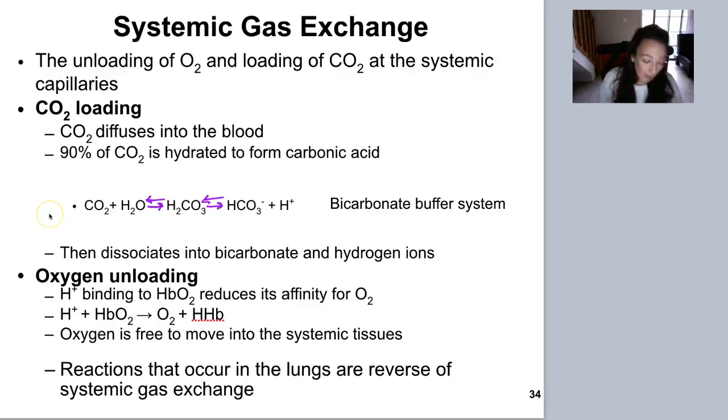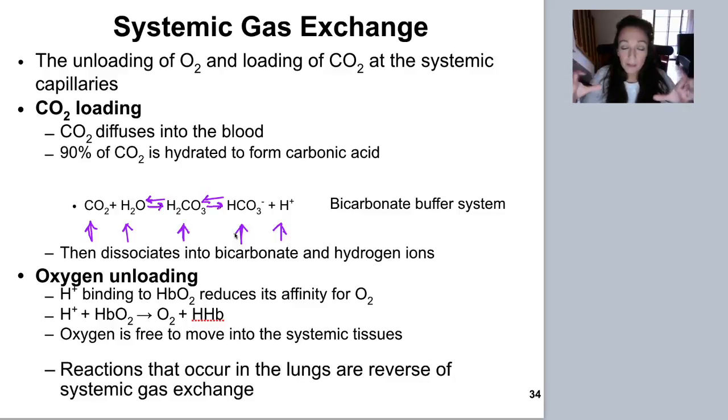So if you remember back from AMP1, we learned that, or hopefully you learned, that what drives the directionality of a chemical reaction is the concentration of each of the individual substituents of the reaction. So the concentration of all of these chemical components that we see here will actually drive which way this reaction moves. And if you remember, all the chemical components of a reaction like to be at equal concentrations in a solution.